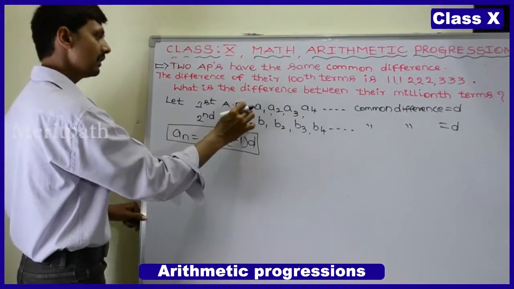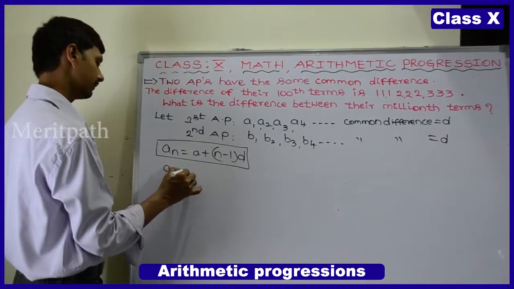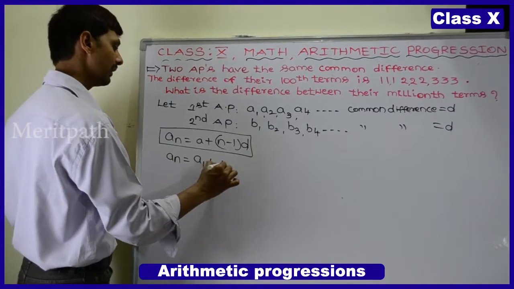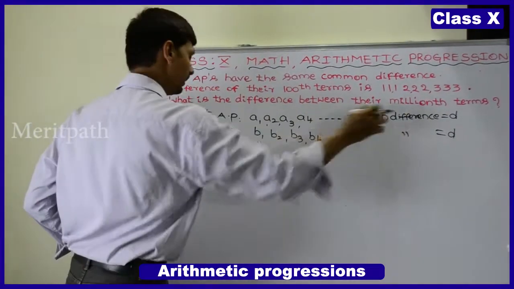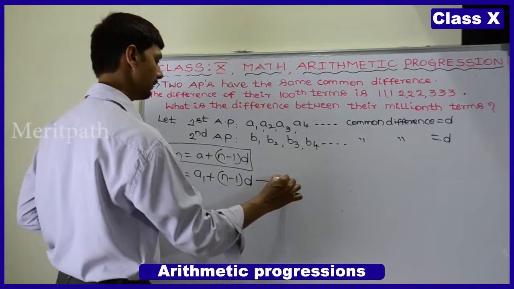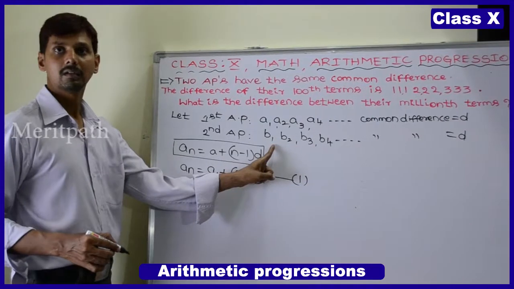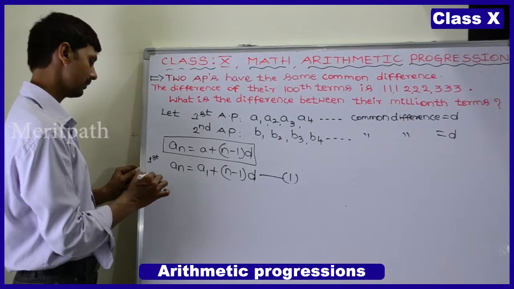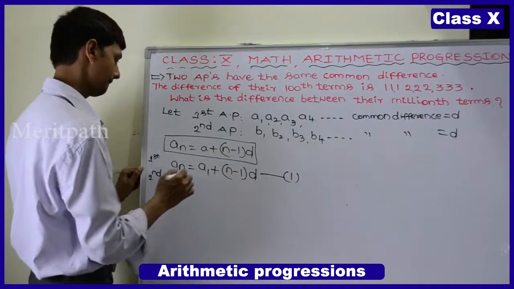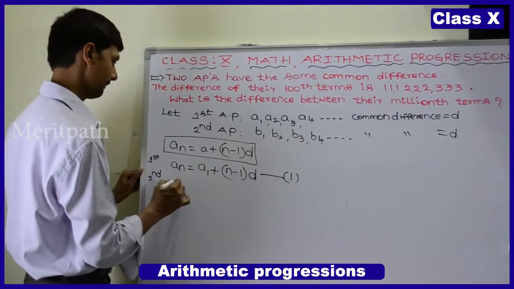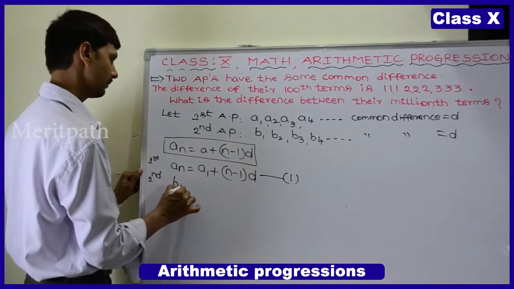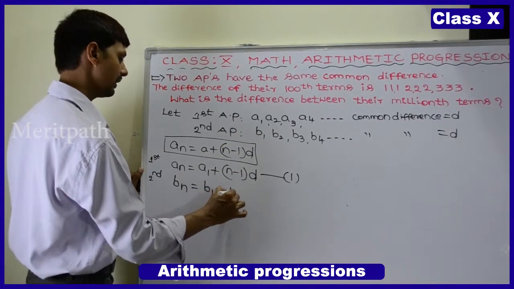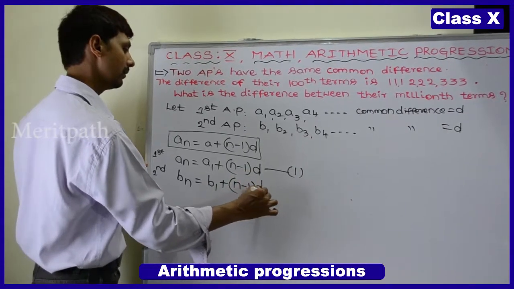The nth term of the first AP is An equals A1 plus (n minus 1) into D. And the nth term of the second AP will be Bn equals B1 plus (n minus 1) into D.